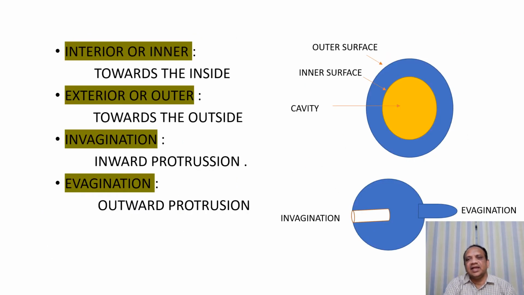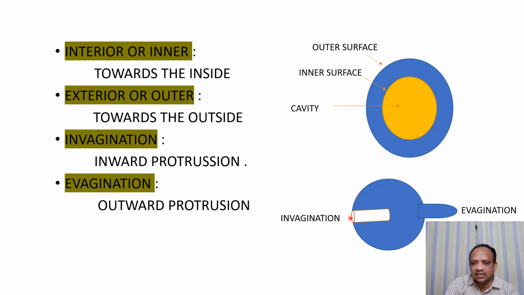If we take any hollow organ, it will have a cavity and a wall. The surface near the cavity is the inner surface, whereas the surface away from the cavity is the outer surface. So this is also called the interior surface or the exterior surface.